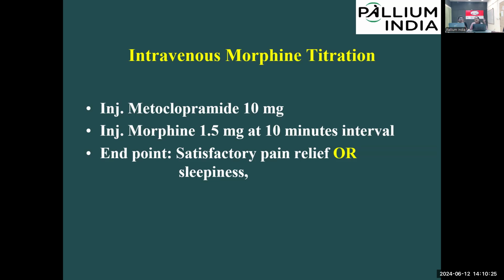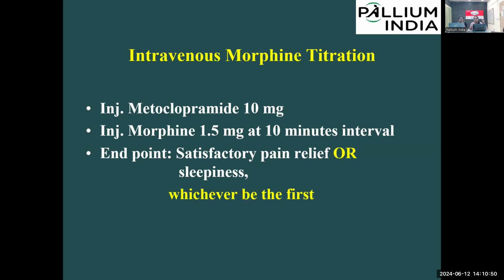So this patient's pain score is 10 on 10, and the patient will be given injection metoclopramide 10 milligram IV stat. And after that, we'll start with the morphine titration process. 1.5 milligram or 1 ml of diluent would be given and the time would be recorded.